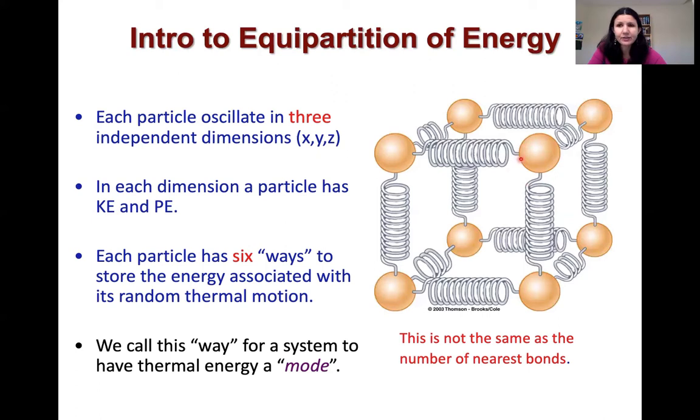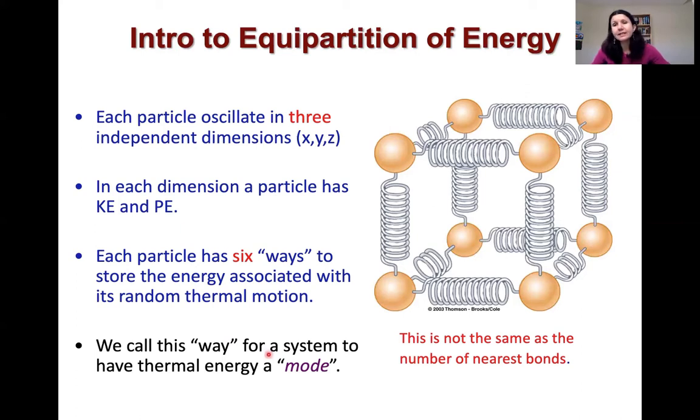So what are, again, those different ways? Well, it can have kinetic or potential energy, and we already discussed this, like for a spring mass system, when we add energy to that system, half of that energy goes to kinetic and half of it to potential. So this is that idea of equipartition. It's equally distributing itself among these different modes. We call it modes or ways of having energy.